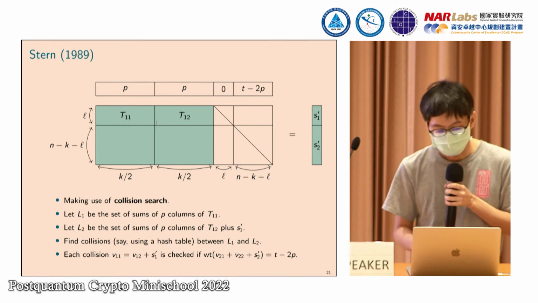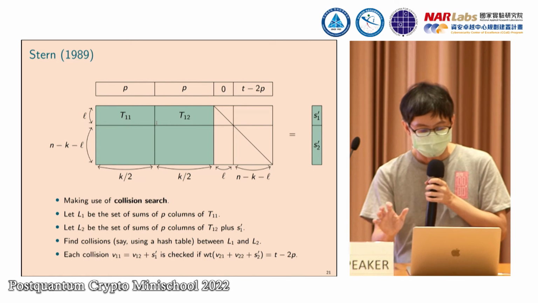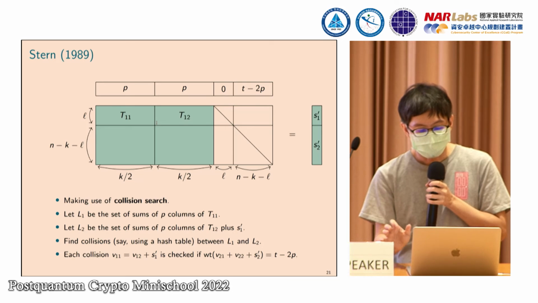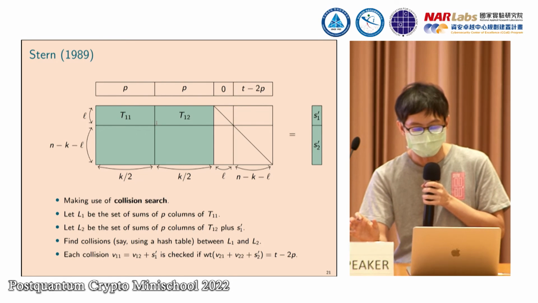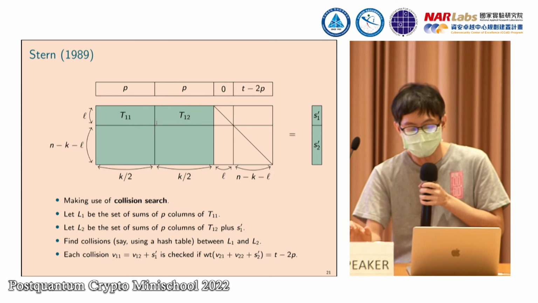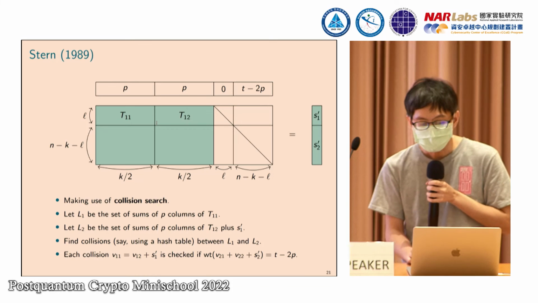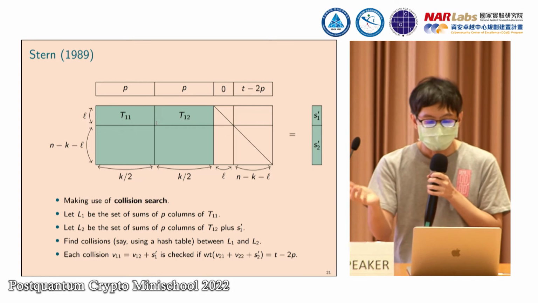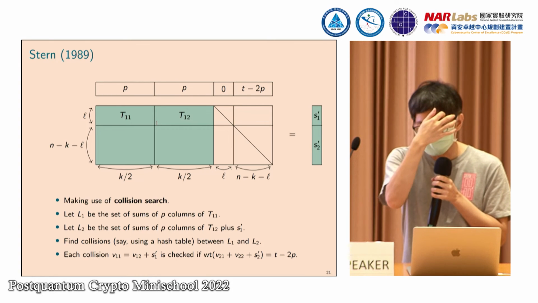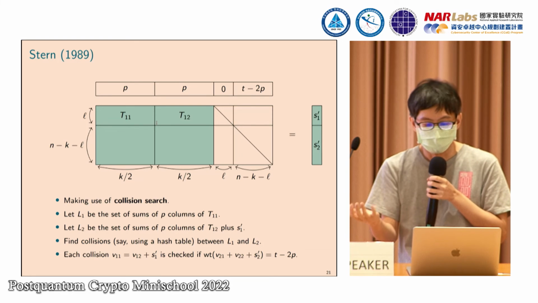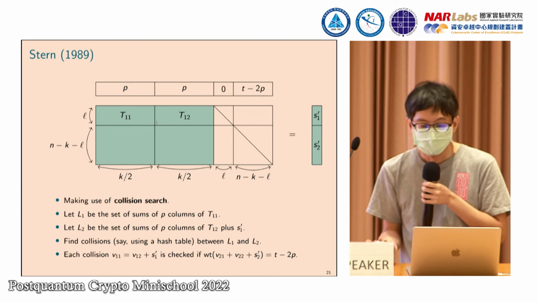I should be more careful. So you try to do collision search between the first list and the second list, where every element is added by S1 prime. You can do this, for example, by using a hash table.